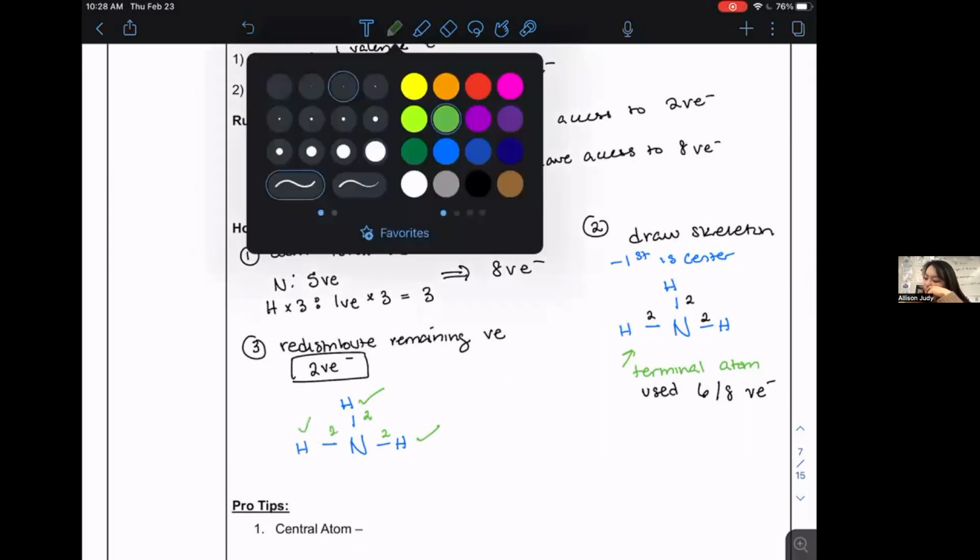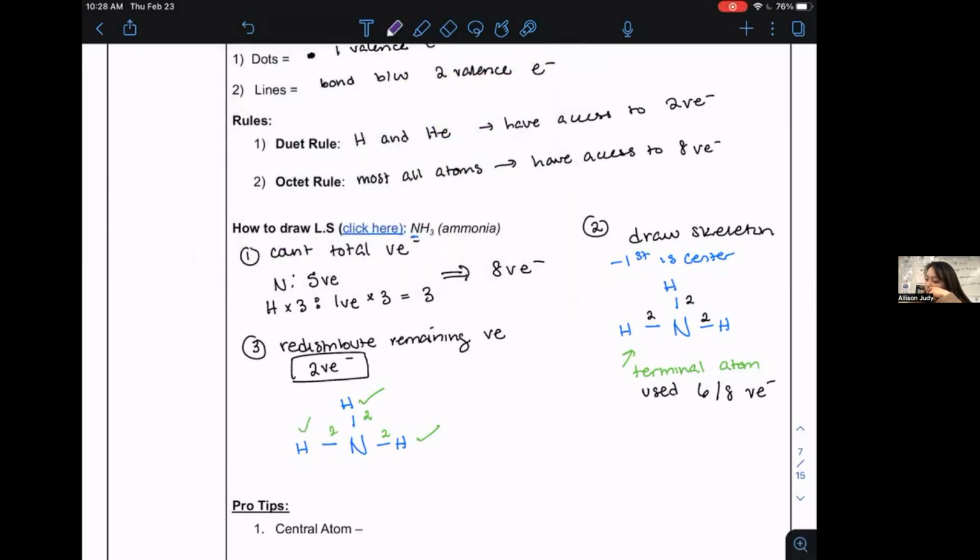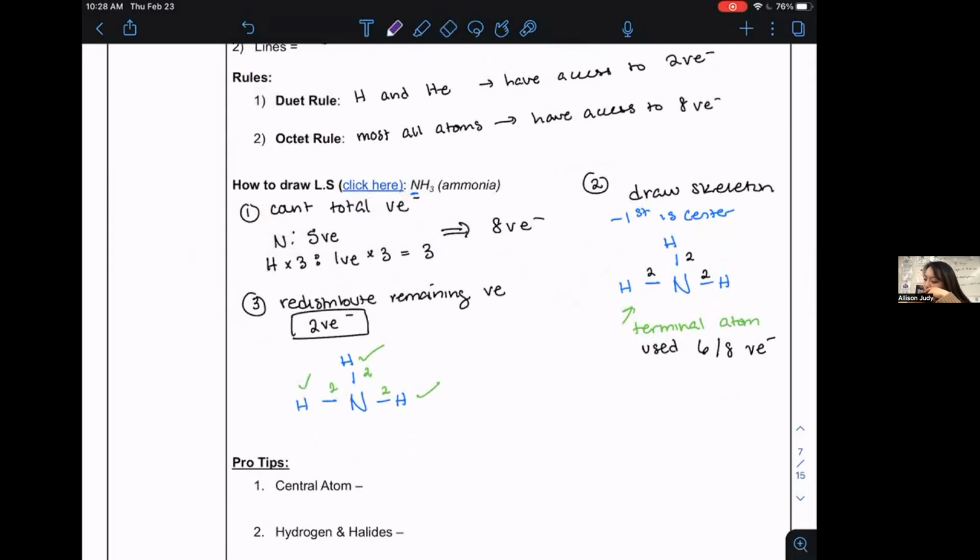Now let's look at nitrogen. Nitrogen has access to 2, 4, 6 valence electrons, but it wants 8, right? So how are we going to do that? Well, I have 2 remaining valence electrons. So I'm going to move those 2 valence electrons to nitrogen, and there's nothing to bond it with. It's just what we call a lone pair.